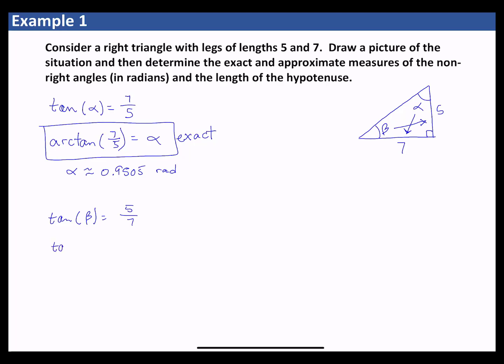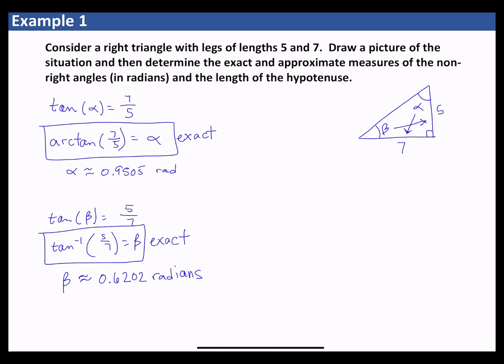So using inverses, we could say arctan or inverse tangent of 5/7 equals beta. Again, that's the exact answer. And then using a computational device, you would see that beta is approximately 0.6202 radians.